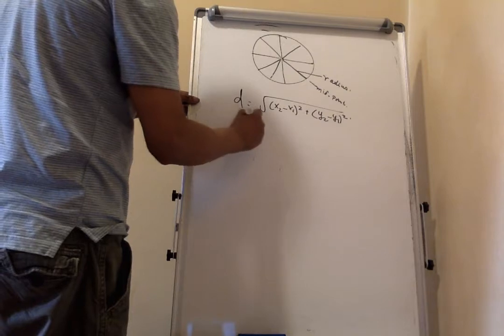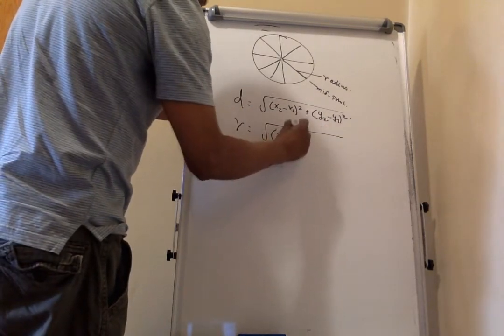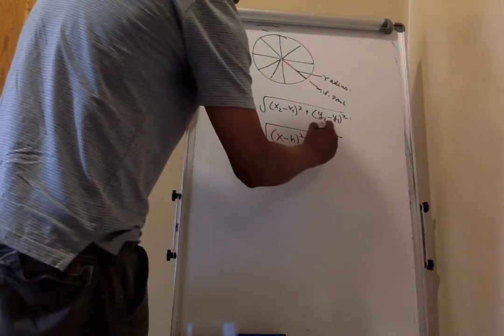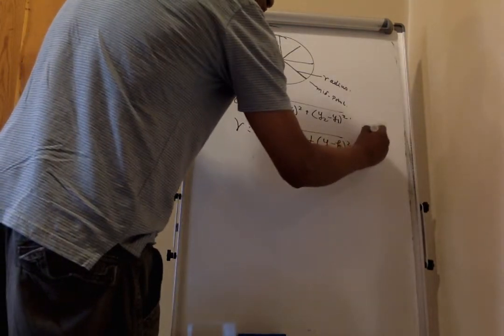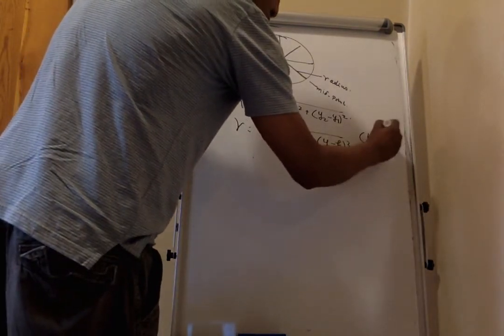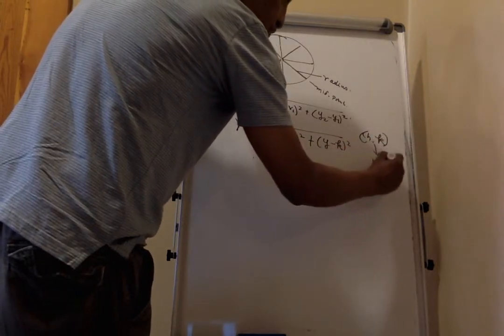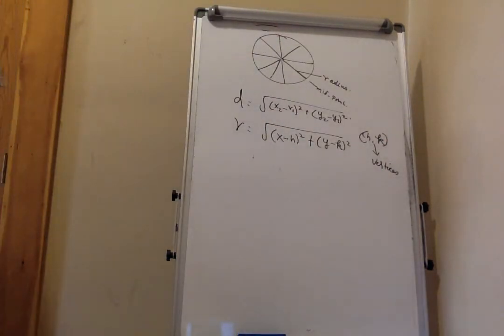So the radius would be x minus h squared plus y minus k squared, in which h and k are called the vertices. So the h and k are the vertices.